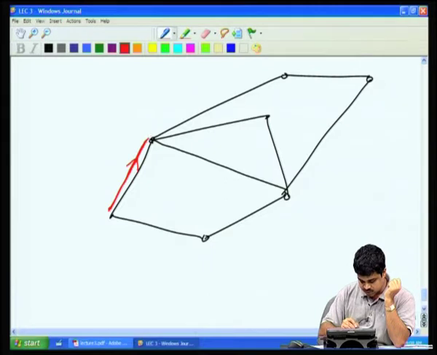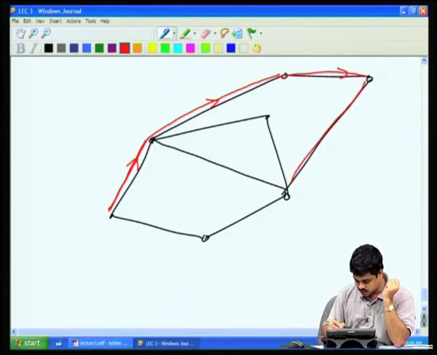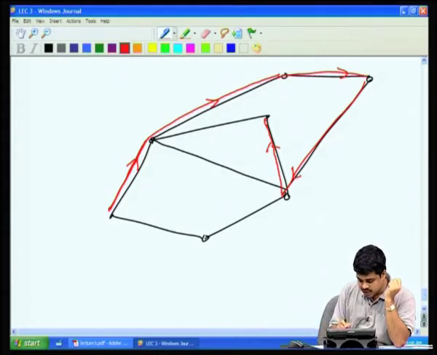I will first give direction to this like this, and then I will give direction to this, and then this, and then this is the way I am traversing. In whichever direction I am traversing, I also direct the edges as it is covered, because it is only going to be covered once.